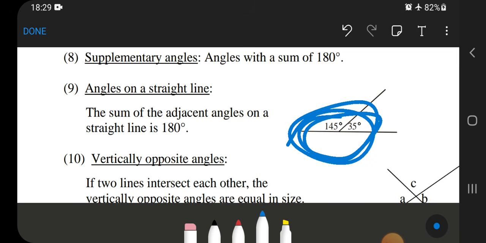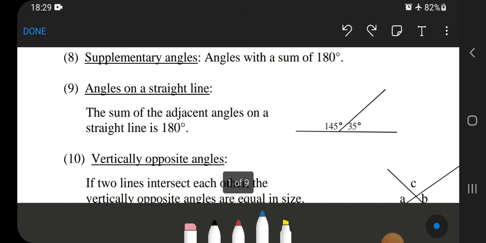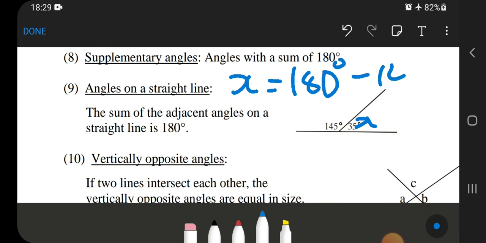When you're trying to find another angle, let's say you didn't have this one but you had this one, you're going to say, let's say this one is x, we'll say x equals 180 degrees minus 145 degrees, because angles on a straight line are supplementary.